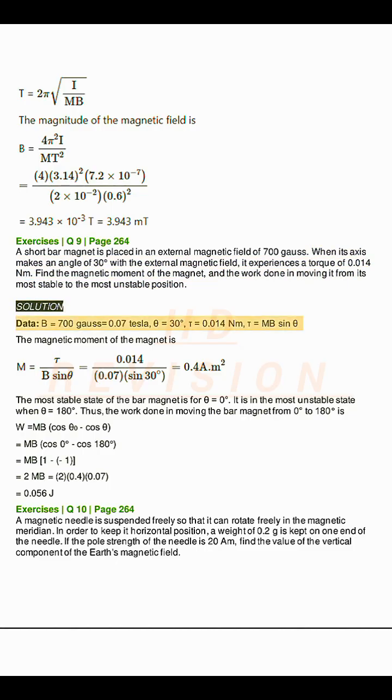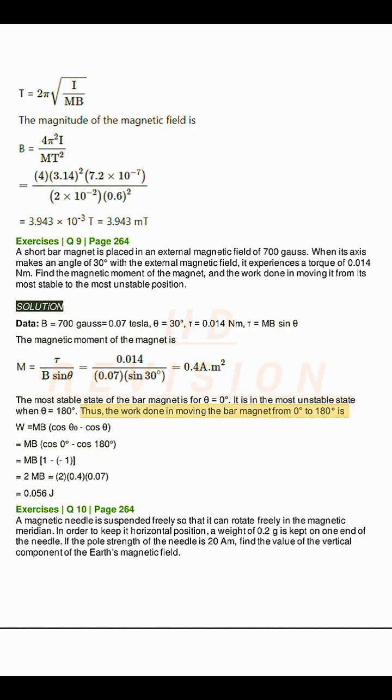Solution. Data: B equals 700 Gauss equals 0.07 Tesla, theta equals 30 degrees, tau equals 0.014 Newton meters. tau equals mB sin theta. The magnetic moment of the magnet is m. The most stable state of the bar magnet is for theta equals 0 degrees. It is in the most unstable state when theta equals 180 degrees.